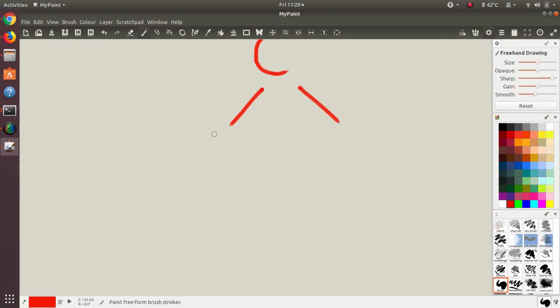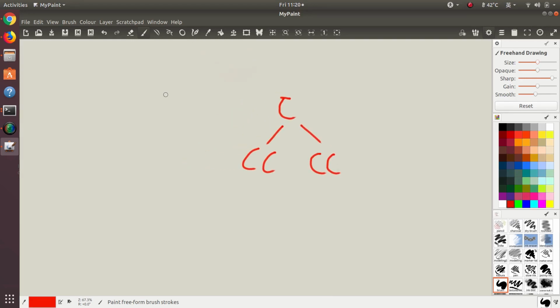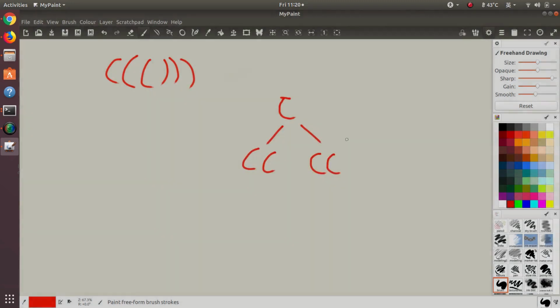One is left one with left one, the other is left one and another left one, because in total we can have left 3 and right 3. This is n equals 3.